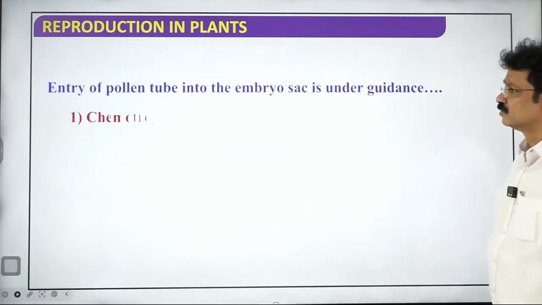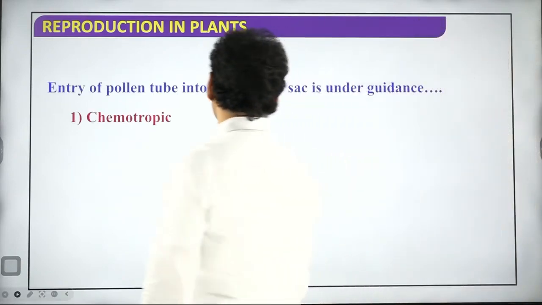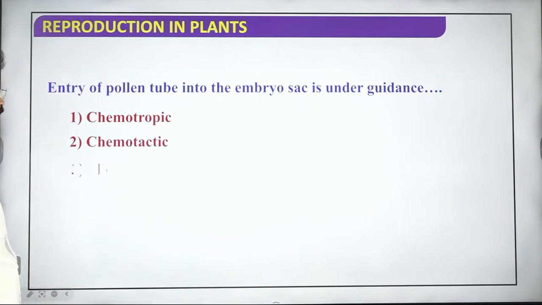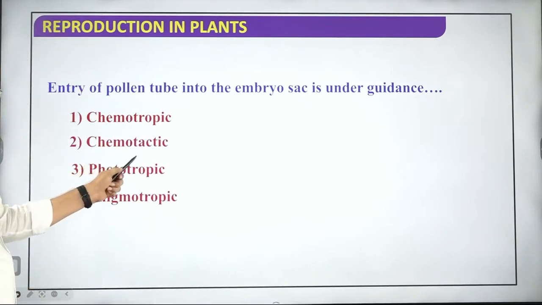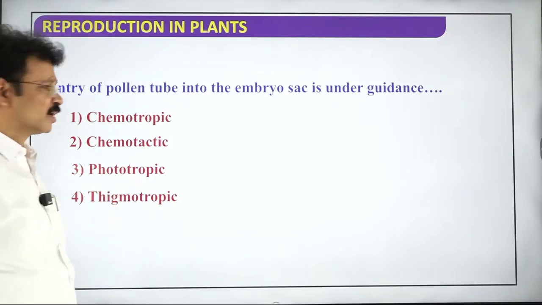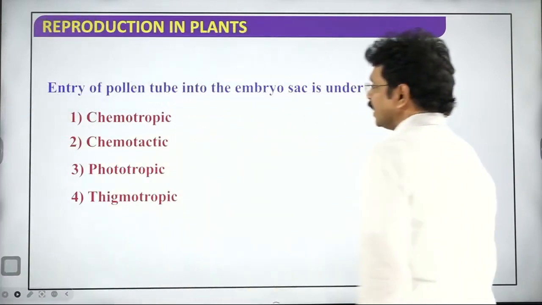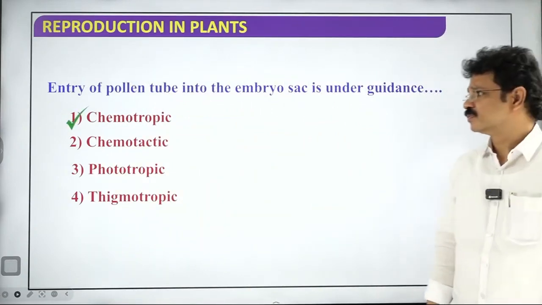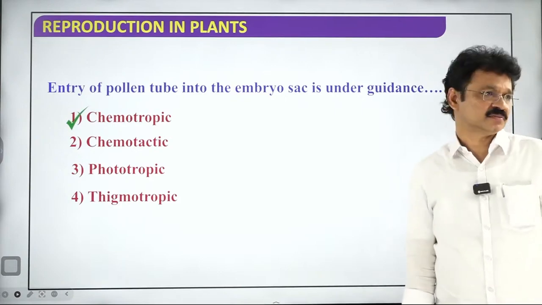Next question. The entry of pollen tube into the embryo sac is under the guidance of: chemotropic, chemotactic, phototropic, thigmotropic? Chemotropic.